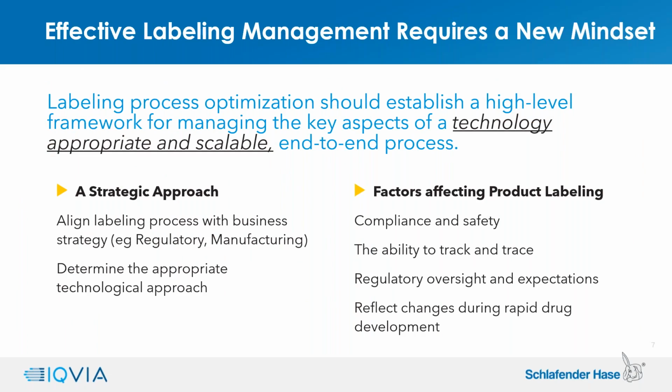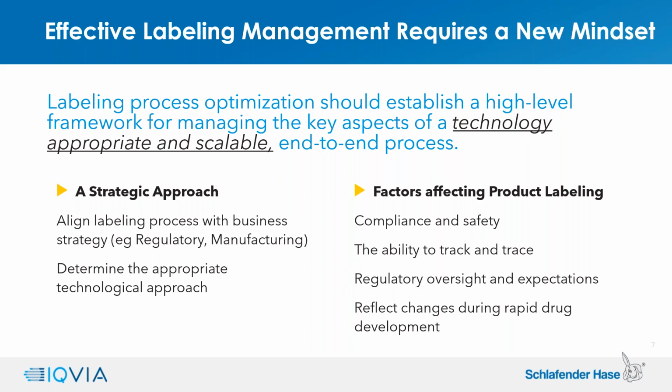So what do we mean by effective labeling management? And how do we optimize this process? If we look at the statement, labeling process optimization should establish a high-level framework for managing the key aspects of an end-to-end process, that in itself is sufficient.